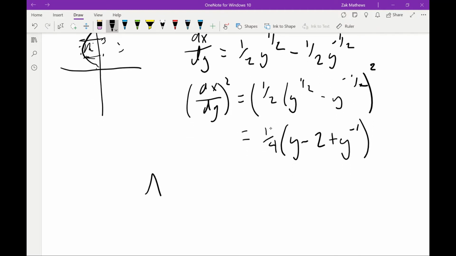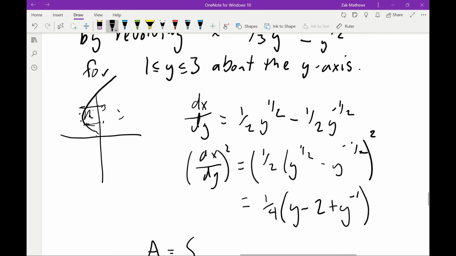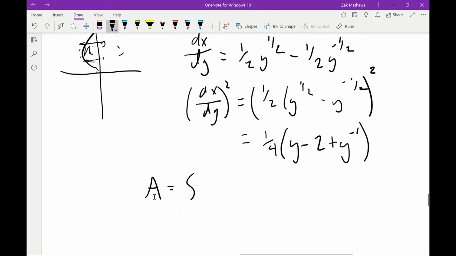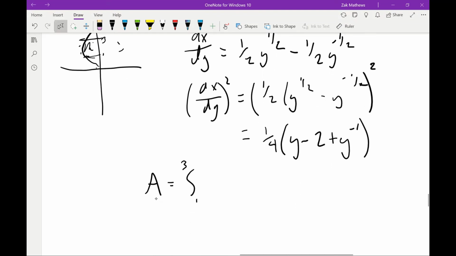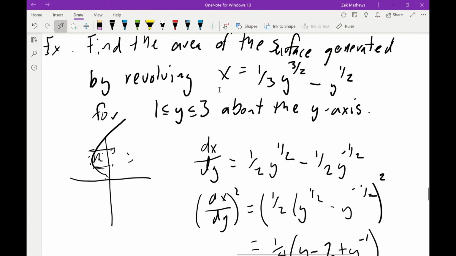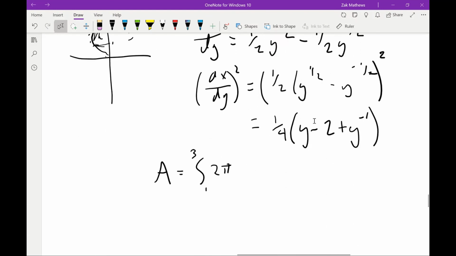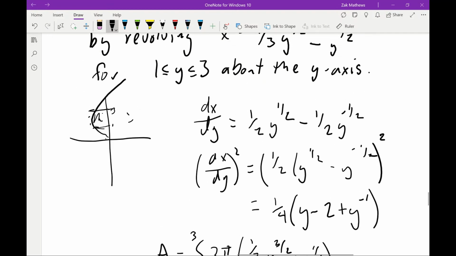So at this point we can go ahead and set up our surface area equation. We'll have the integral, and the y limits, it told me, were from 1 to 3. We would have our 2 pi times the x, which is the equation, 1/3 y to the 3/2 minus y to the 1/2. And make sure that's right.